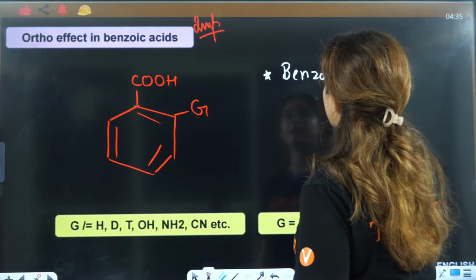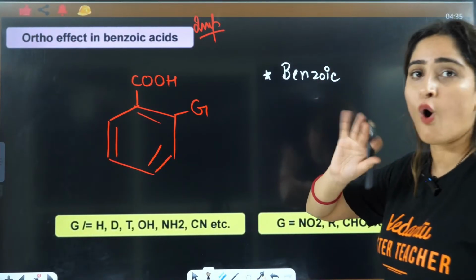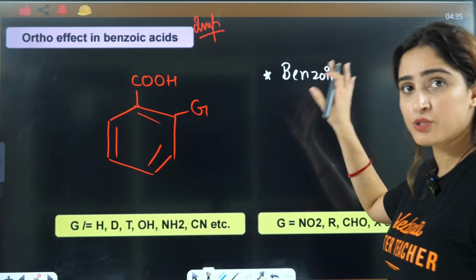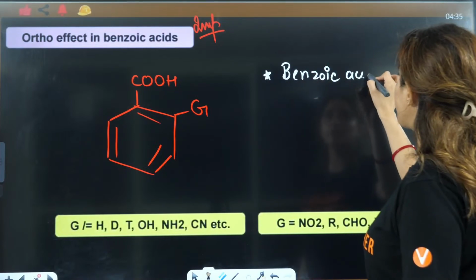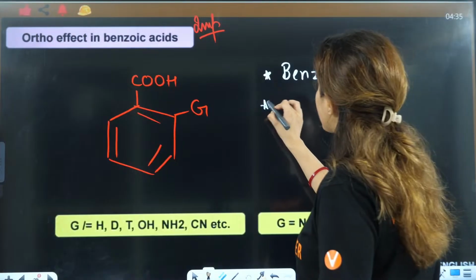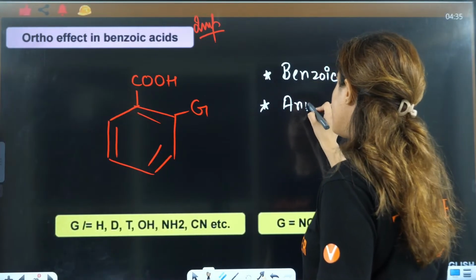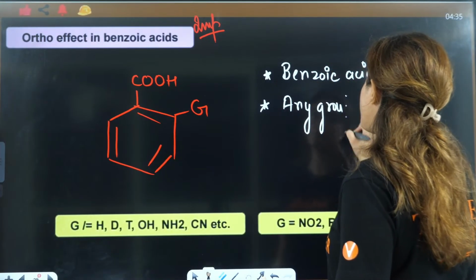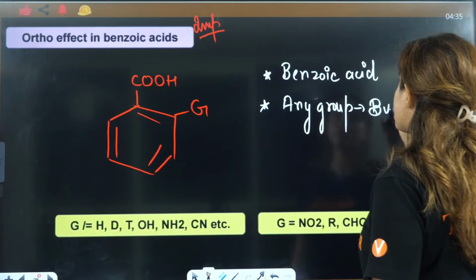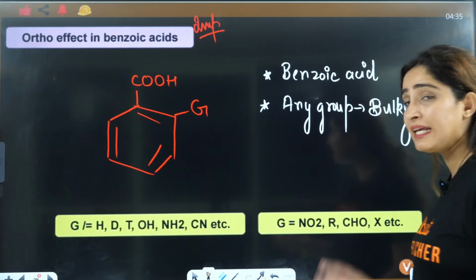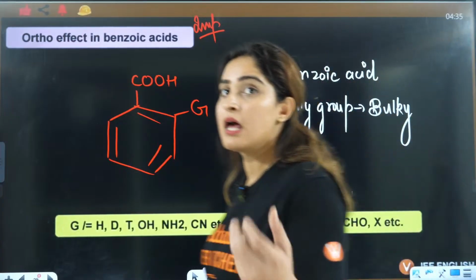You can't apply ortho effect in OH, phenol you can't apply. This will be applied in benzoic acid. So it will be shown by benzoic acid. Second thing is any group which is bulky and actually creating repulsions.